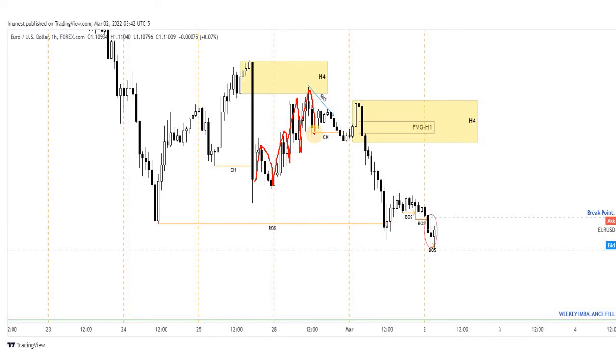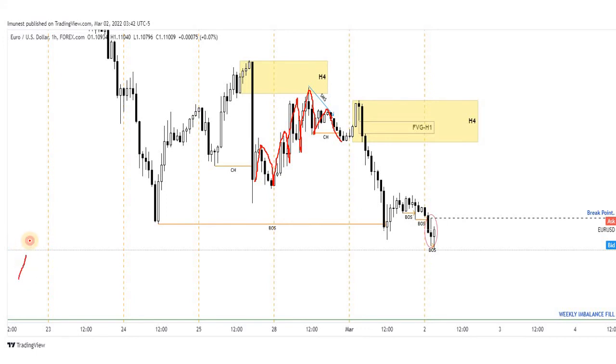Of course, what we have here was a shift in market structure, and we have this change of character. This may not be the best probability that I would like to take or consider.